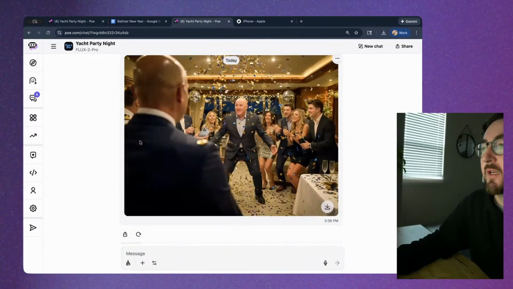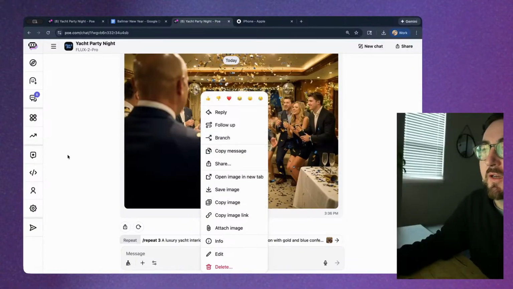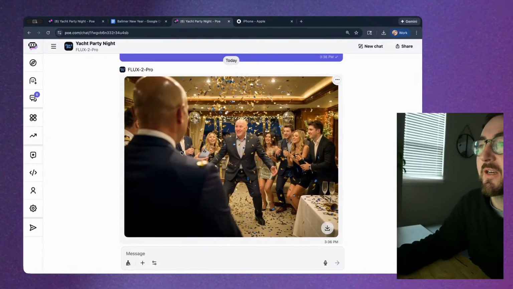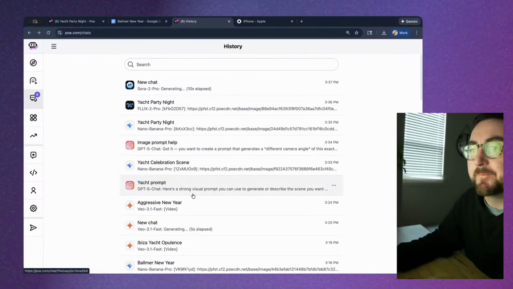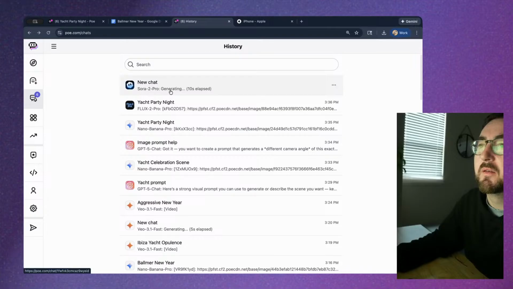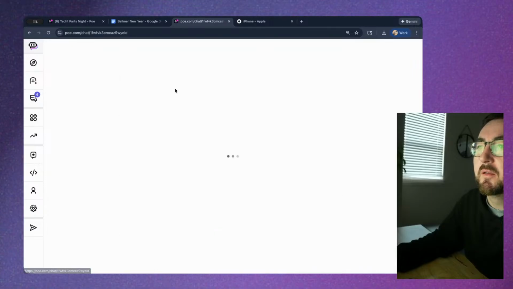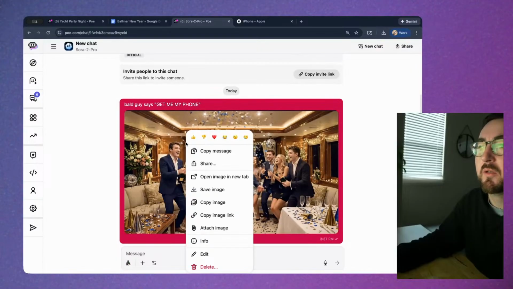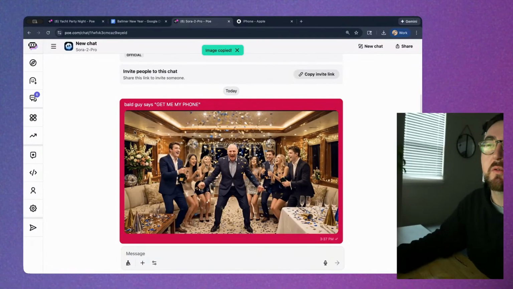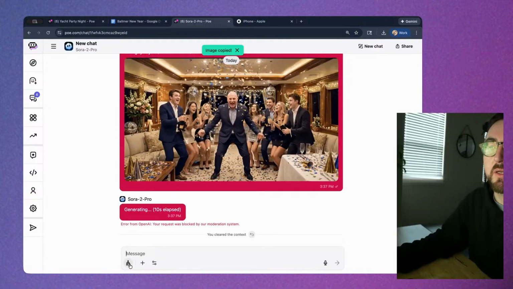We've tried different angles, everything. It's just added another bald guy in. I didn't even consider that. Blocked for content moderation. I just don't understand this model.